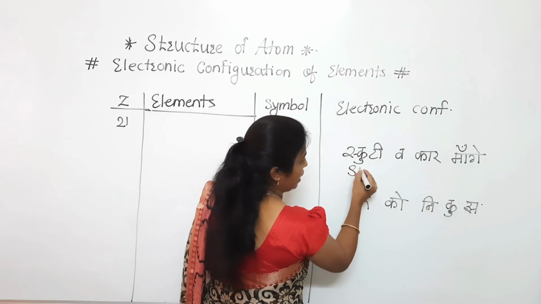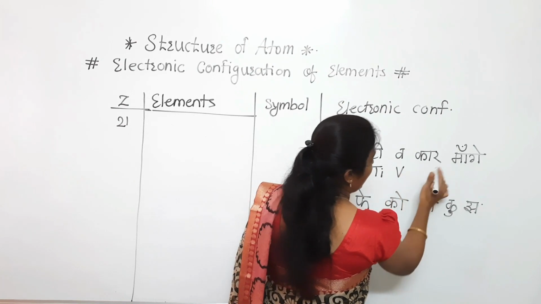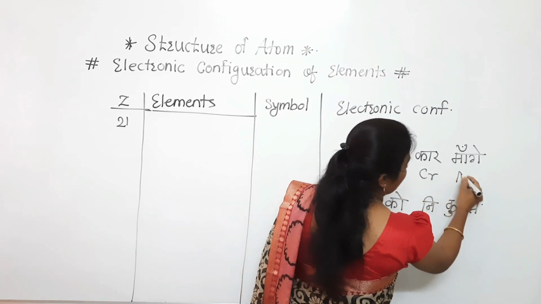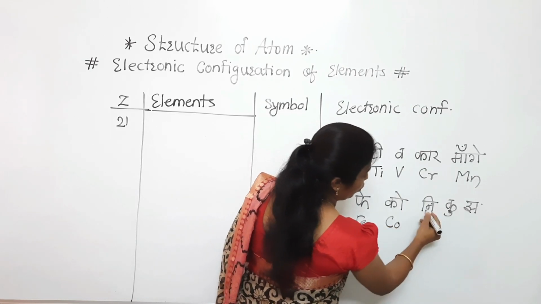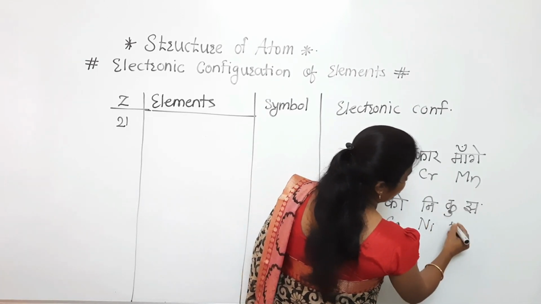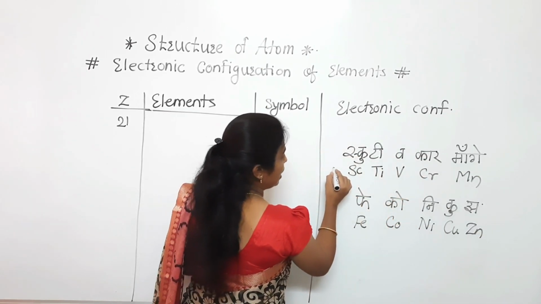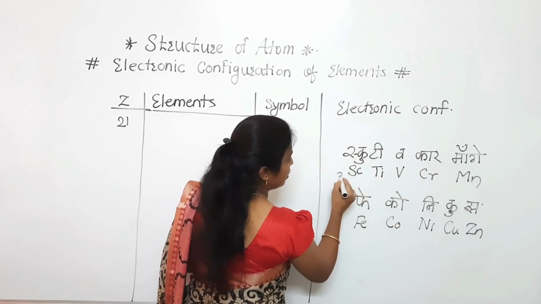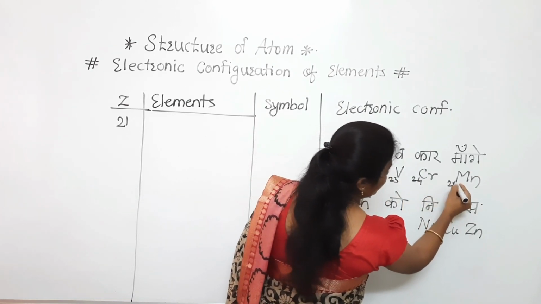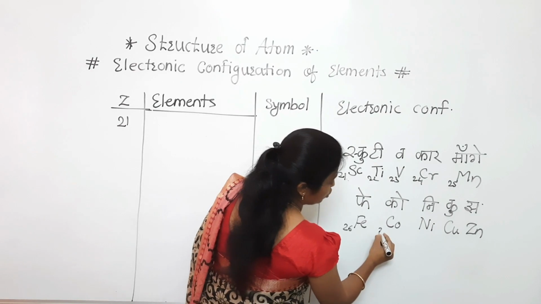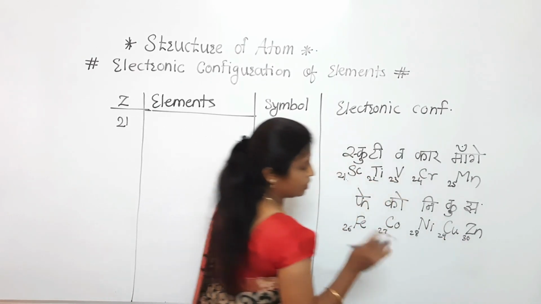Scooty means SC, Ti, V, Car means Cr, Mange means Mn, Fe, Co, Ni, Cu, Zn. So it starts from 21, 22, 23, 24, 25, 26, 27, 28, 29 and 30. Understood?